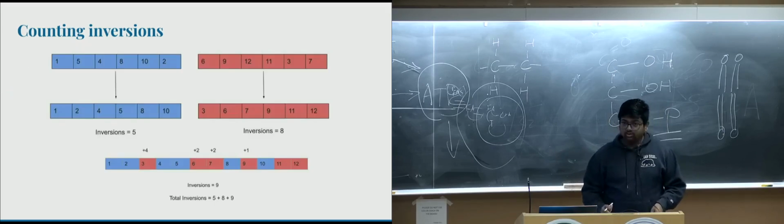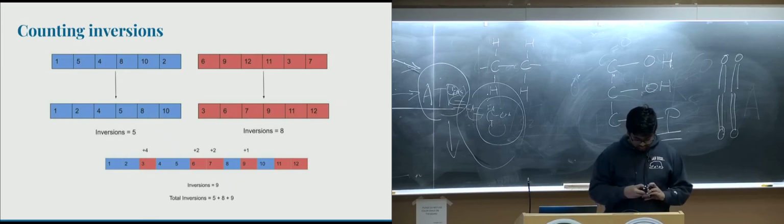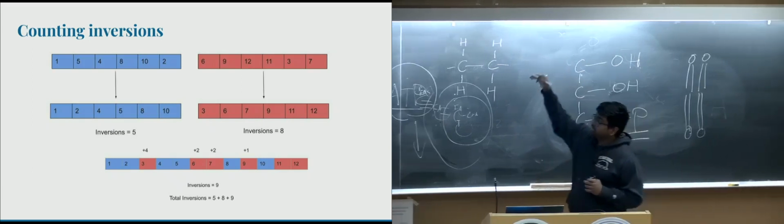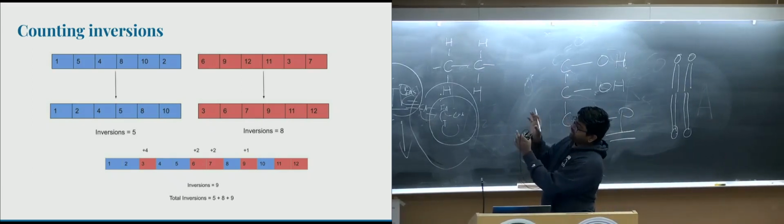Let's look at what motivates the solution. Imagine this to be a single big array, this blue and red thing on the top. We have broken that array into two equal parts, left and right.